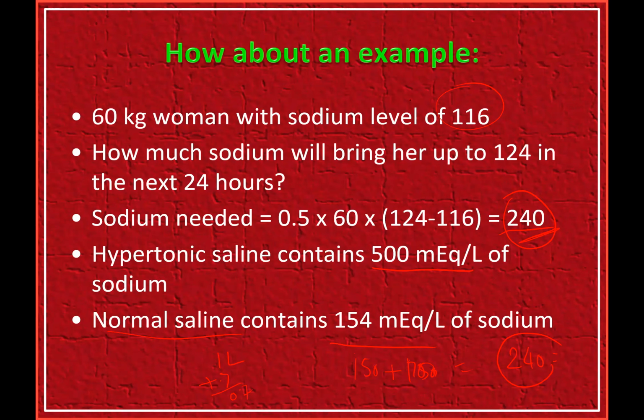I know 1 liter of my hypertonic fluid can give 500 milliequivalents. If I require 250 milliequivalents, half a liter of hypertonic saline is required over a period of 24 hours, initially a little faster, after that a little slower. If you were to use normal saline, we require 1.7 liters. If it is hypertonic saline, we require half a liter. This is how you calculate.